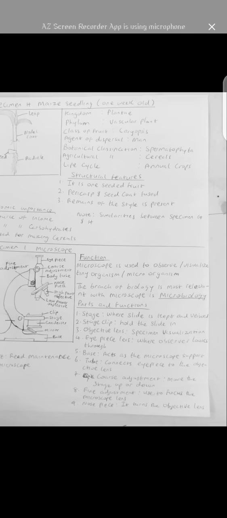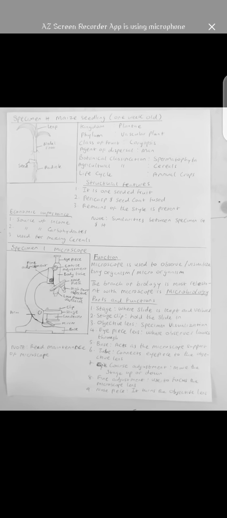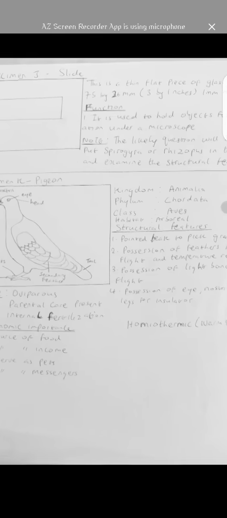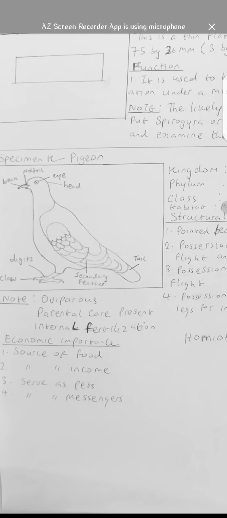Okay, so we're done with microscope. Let's move to specimen J. That's slide. The slide is just a rectangular transparent glass. It's what you put on the microscope. That is where you put your sample, the microorganism you want to view.